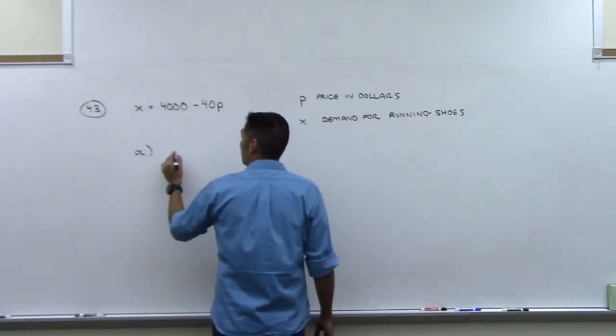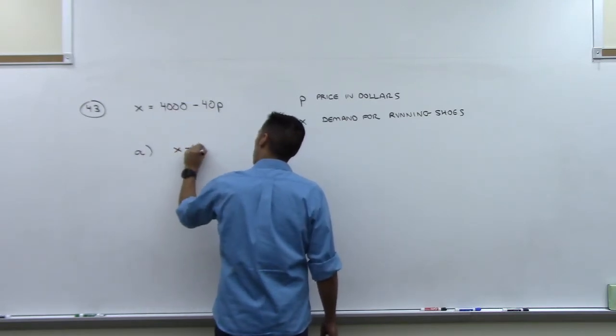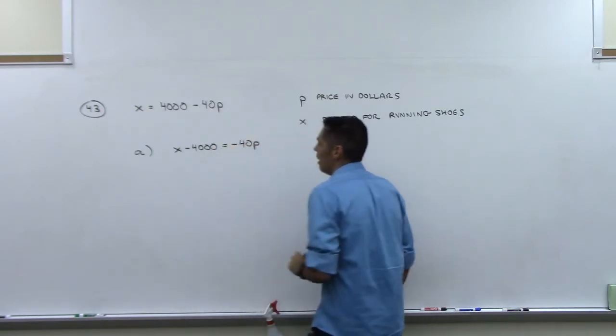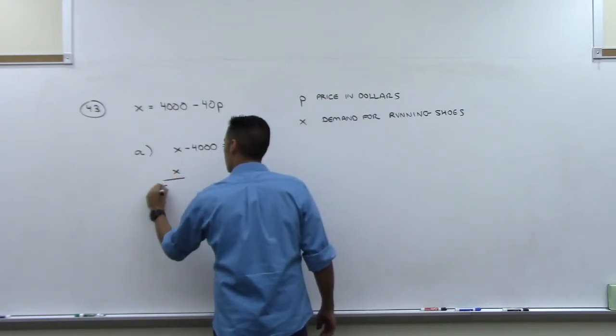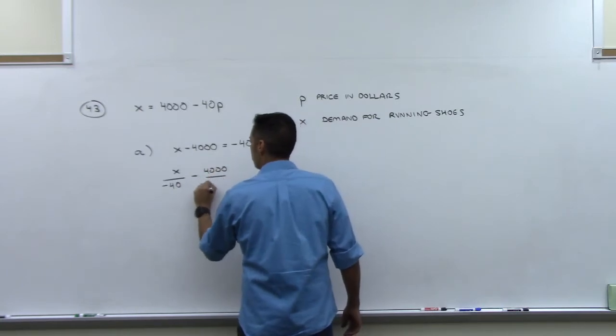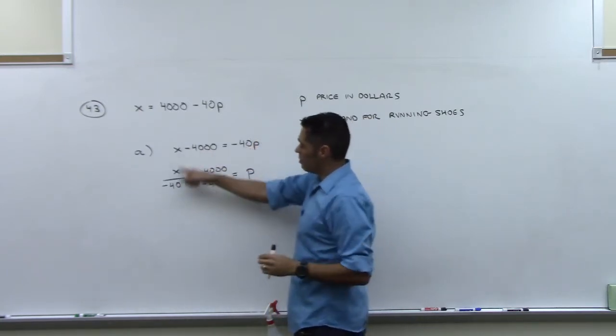So let's do this. Let's subtract 4,000 from both sides. And then let's divide both sides by negative 40. So I'm dividing everything by negative 40, and I'll get P over here, then each of those divided by negative 40.